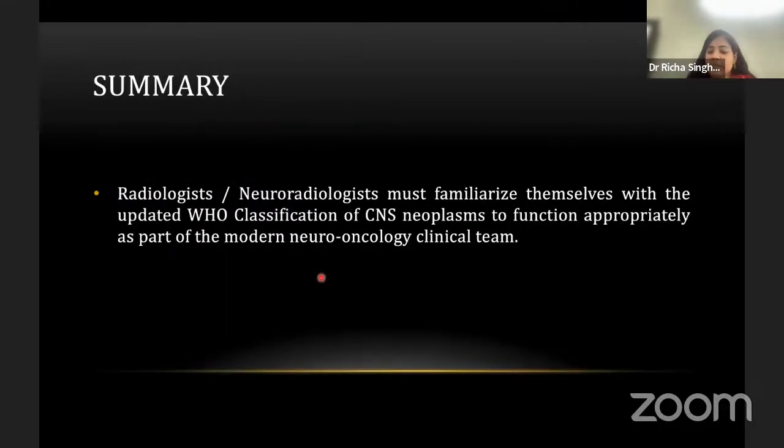So these were the imaging findings in the newer tumor entities described in the WHO classification.